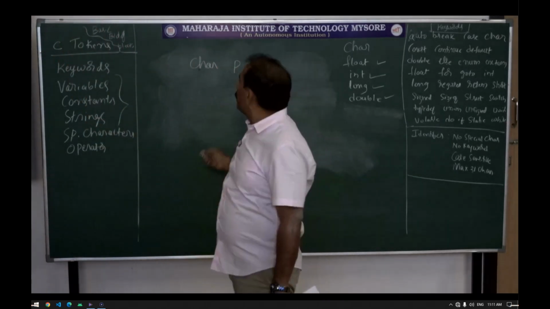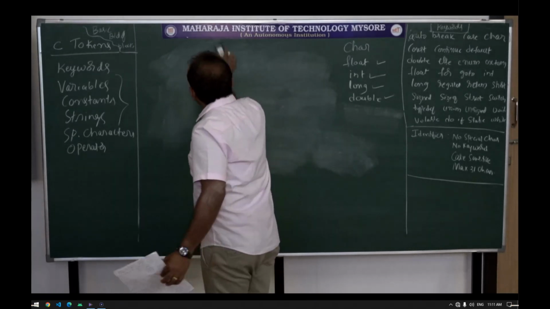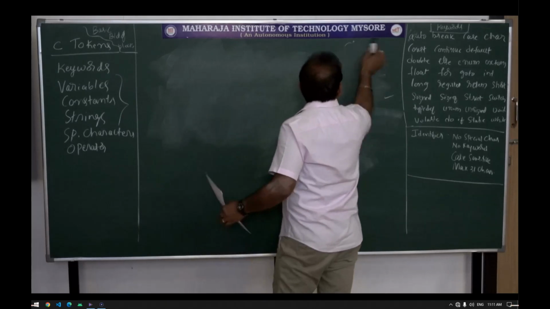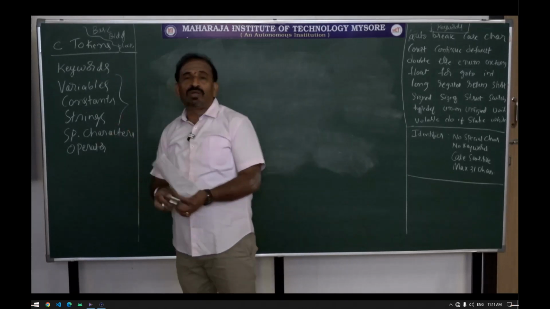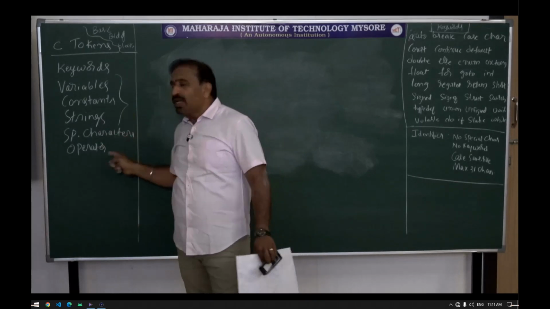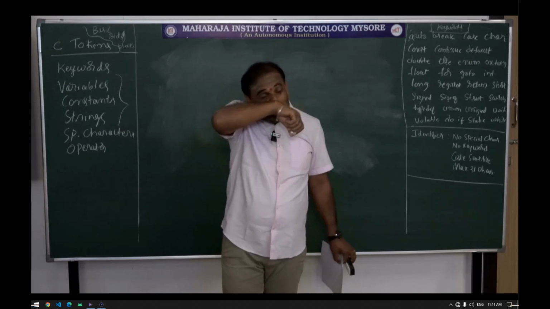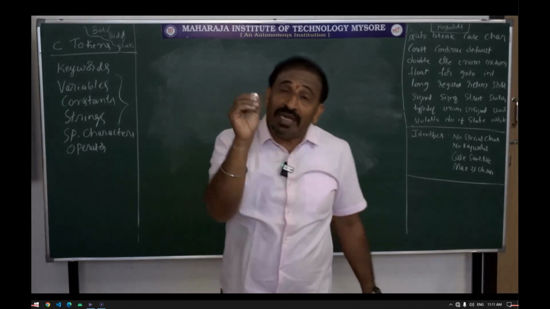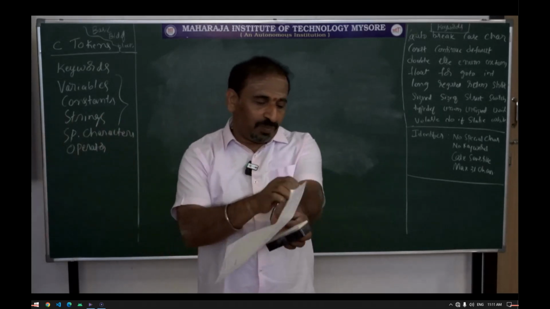So obviously, a set of characters is called a string, and these strings are used to store this. I've already told you about some special characters. We will be seeing them. When you encounter these special characters, some special operations will happen.